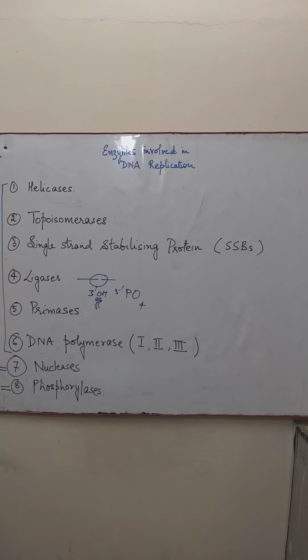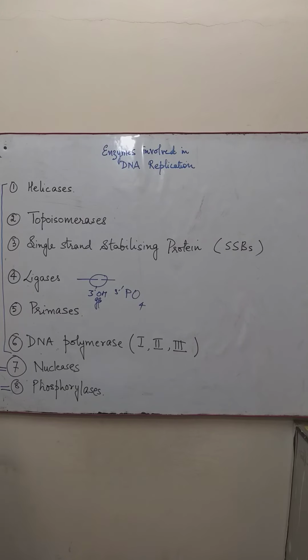Next comes the primases. When we study it, the DNA synthesis does not take place in one go. It happens with the formation of primers. And what are primers? Primer is just the base, a kind of preparation. Before you start with the final wall painting, the whitewash, first the primer has to be done.